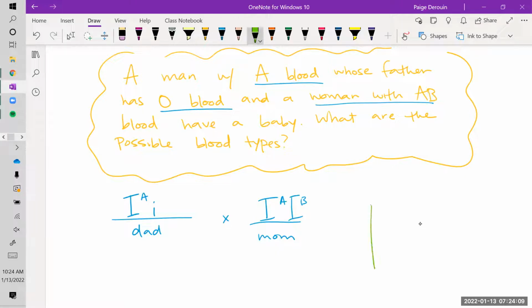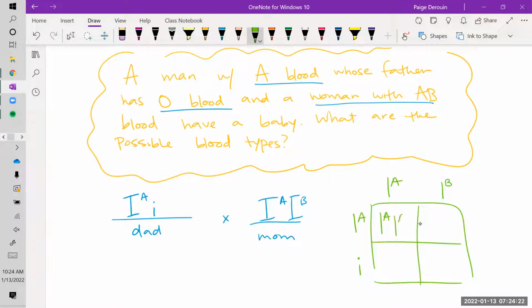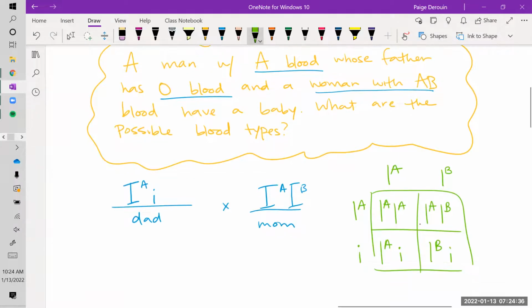And then when you do it, just make sure your superscript letters travel with you. Don't lose them. So then you have I^A I^A, I^A i, I^A I^B. Always write your A's first. I^B i. So then my answers would be, I didn't ask for percents, but I'm going to put them anyways.